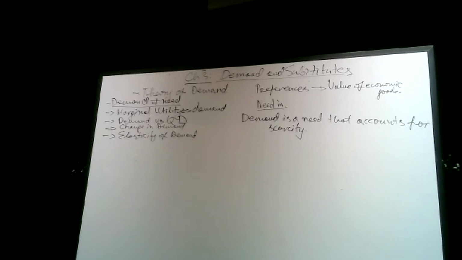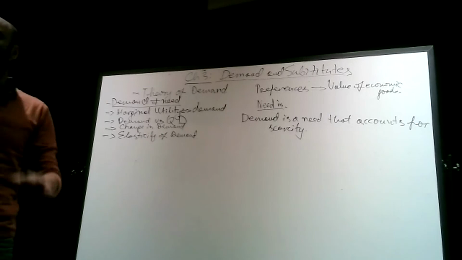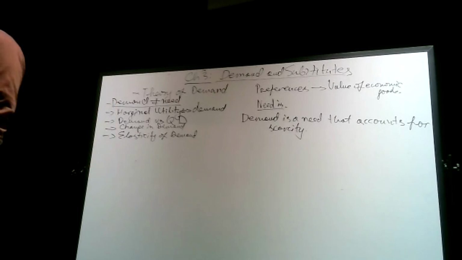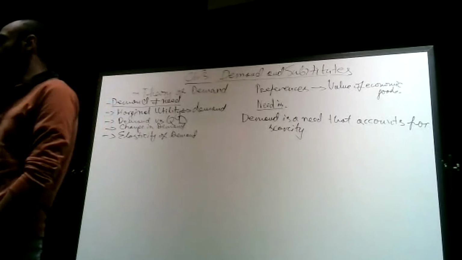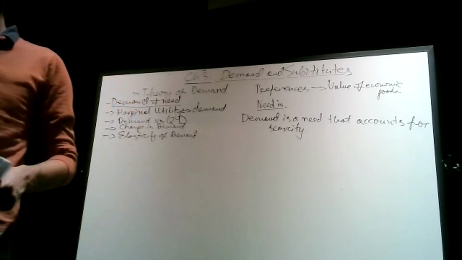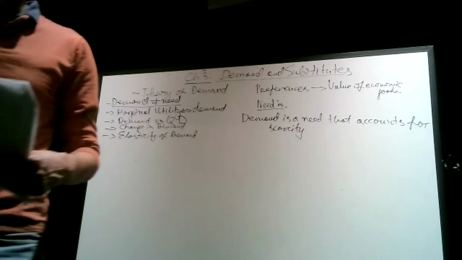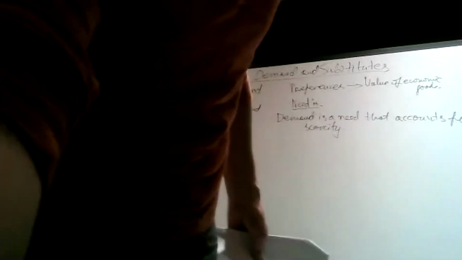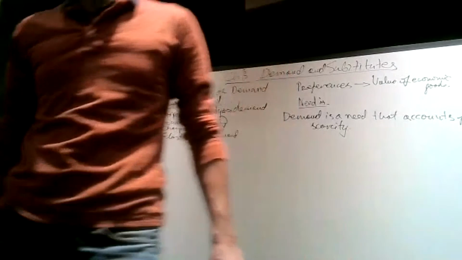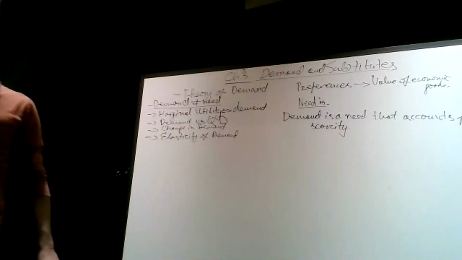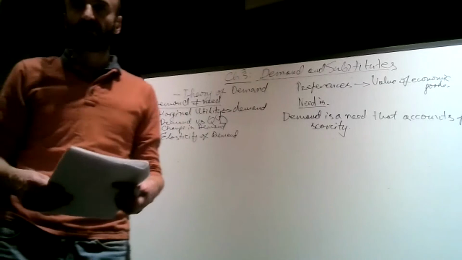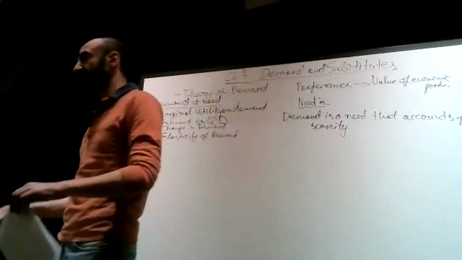And we know that in economics we want to operate, to use the concepts that could be demonstrated in action. We are not interested in subjective psychological states of mind, because that's what psychology does. We want concepts that could be demonstrated in practical action. So demand always involves sacrifices.